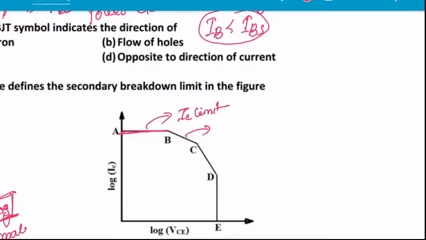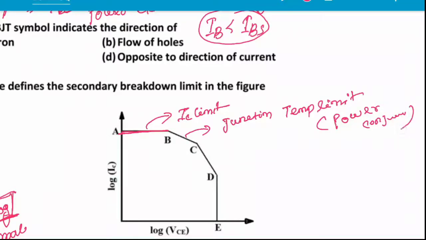BC is for the junction temperature limit, and this is given by power consumption. I have already given a problem below regarding power consumption due to the junction temperature.